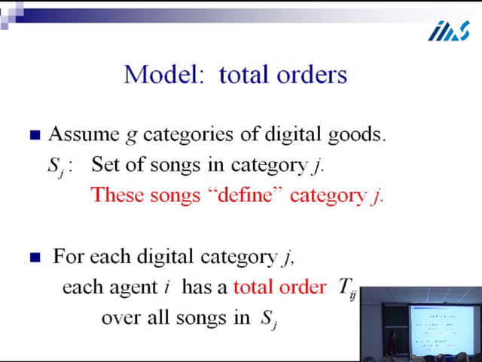Okay, so here's more about the model. I'm going to assume that there are G categories of digital goods, and I'm going to assume that Sj is a set of songs in category J. And in some sense, they define the category J. And you'll soon see why I say that they define the category J. Intuitively speaking, if I have a category called classical music, I cannot put something that's basically noise in there.